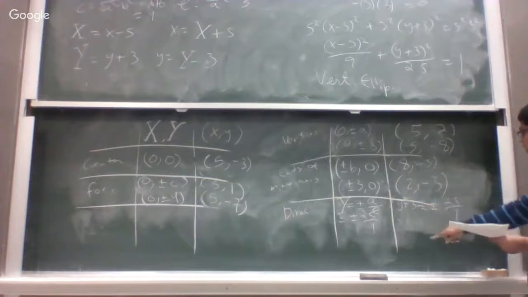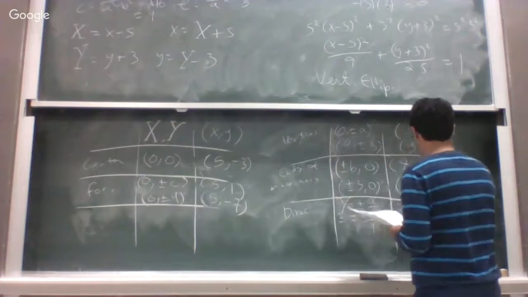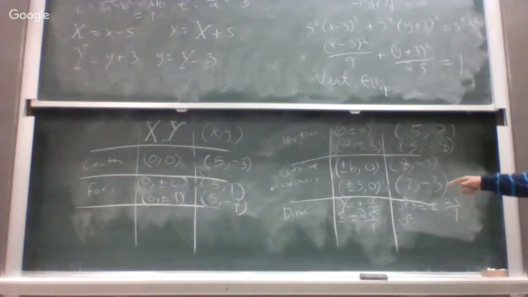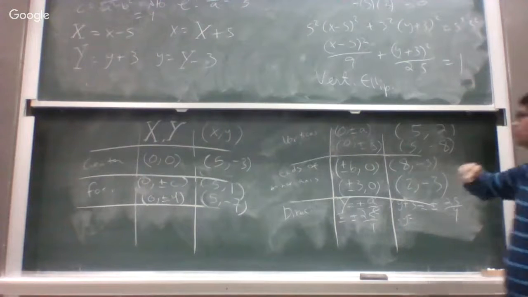So then we have little y equal to positive 25 over 4 plus 3, which is... minus 3. Is it plus or minus 5 over 4? No, it's because E is 4/5. So let me show that.